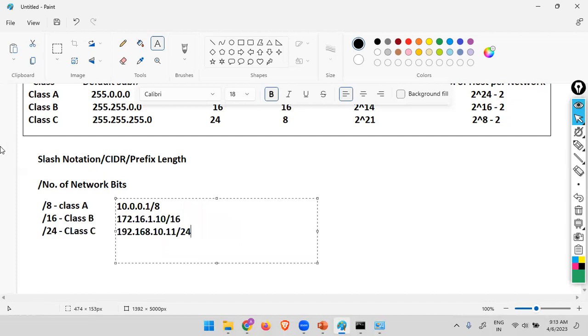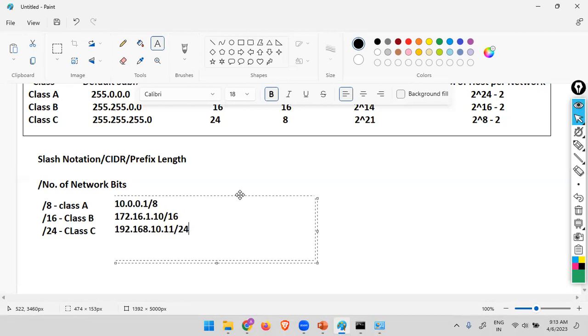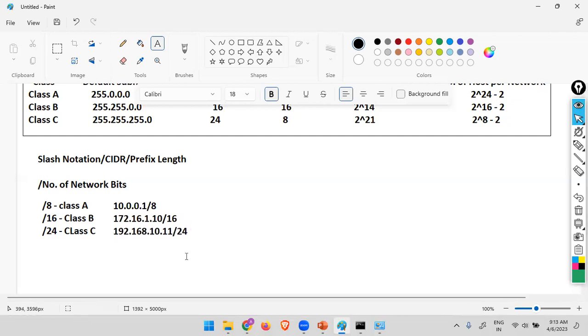If you see CIDR value, CIDR notation, or CIDR equivalent in the question, they are just telling you about slash notation.